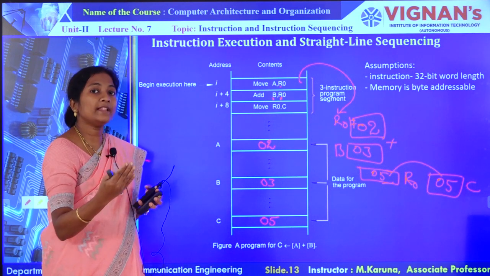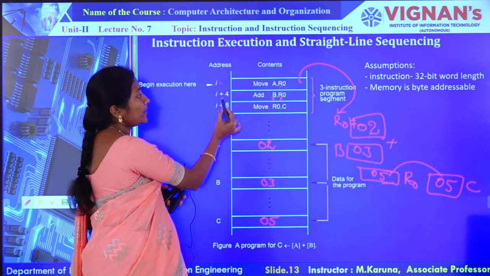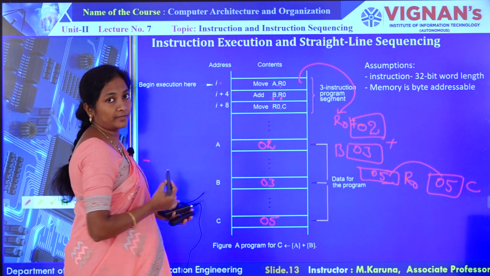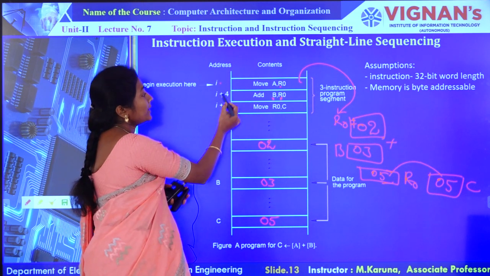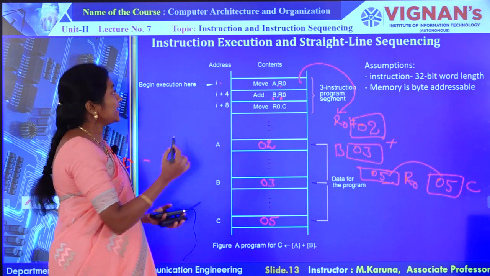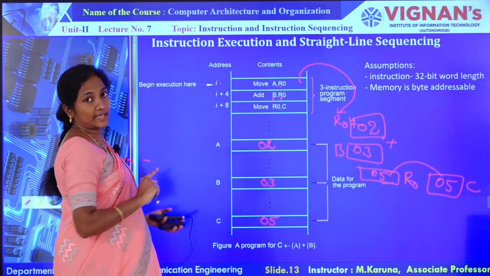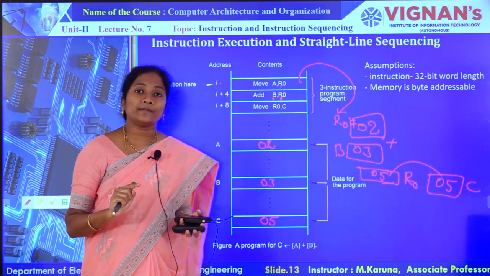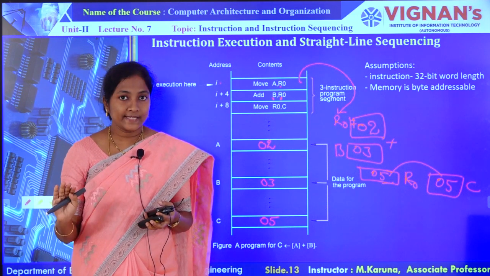So, to store another instruction, the memory location will be incremented by 4. Next, and to store another instruction, again the memory location is incremented by 4. Now, let us assume I is the starting address of the instruction. So, program counter is used to store address of the next instruction.